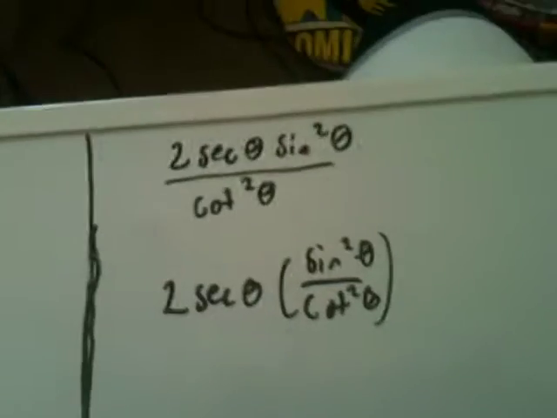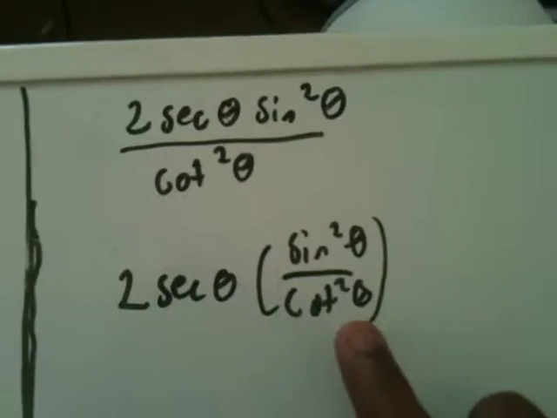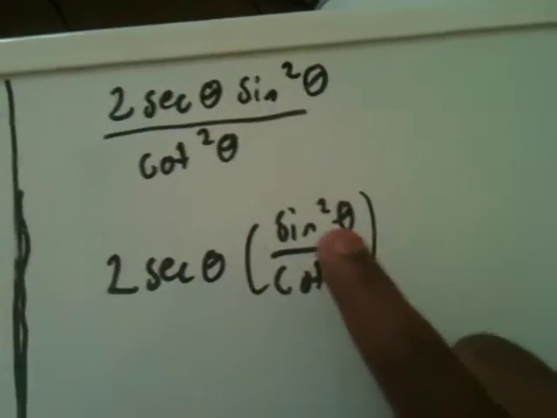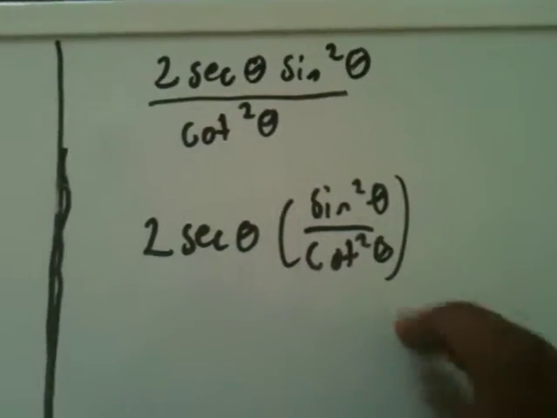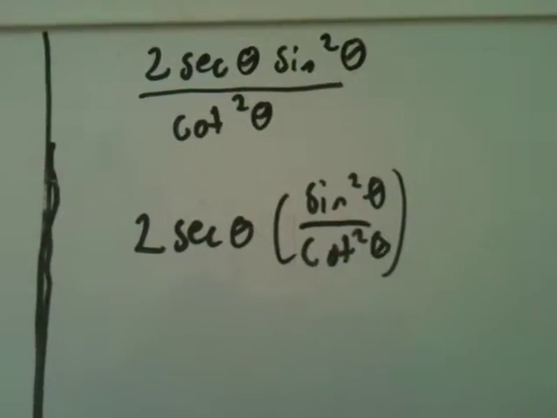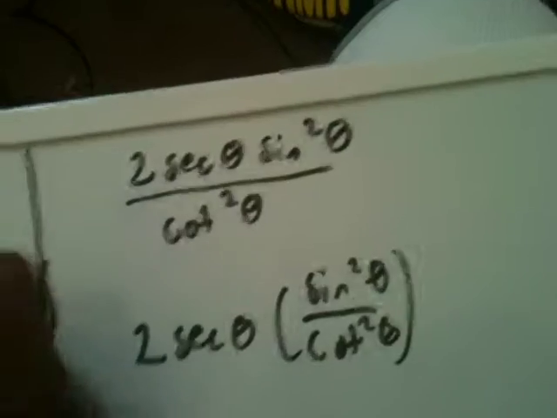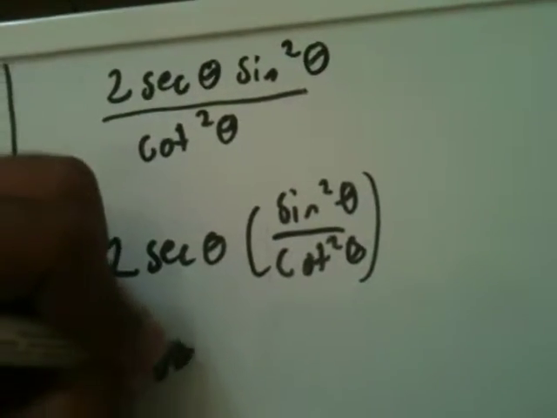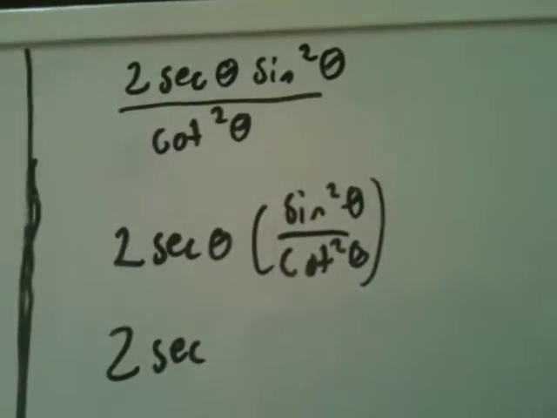Next thing I want to do is turn this into multiplication. So that's sine squared times 1 over the cotangent squared, which is tangent squared. So that's 2 secant. And actually, let me put that secant as 1 over the cosine. You may see something.